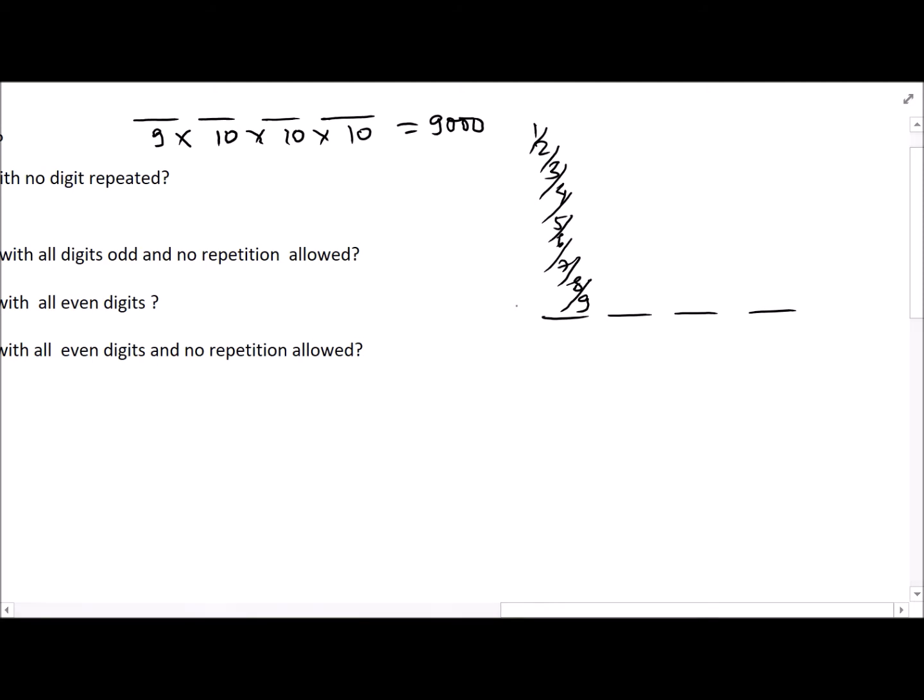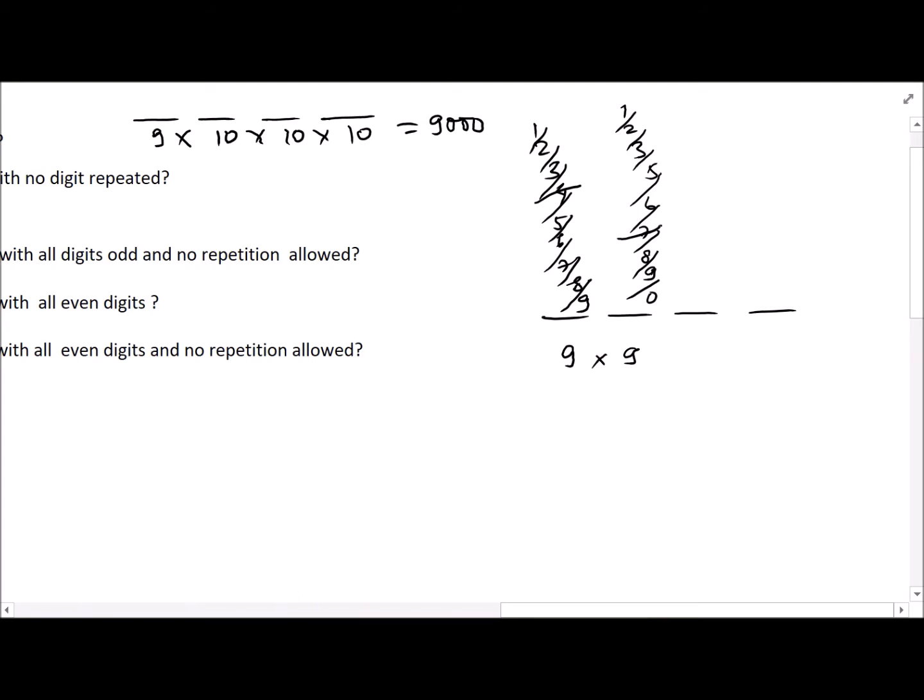So that is a restriction. That restriction is not anywhere else. Okay, so 9 options we have here. Say I put here 4. So 4 is gone. Now there are 1, 2, 3, 5, 6, 7, 8, 9. But 0 can also be put. So again 9 options. Say I have put 7 here.